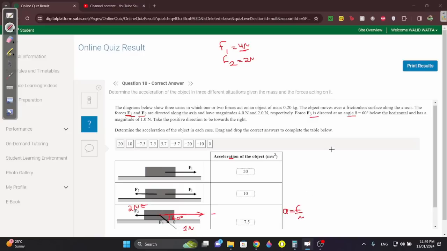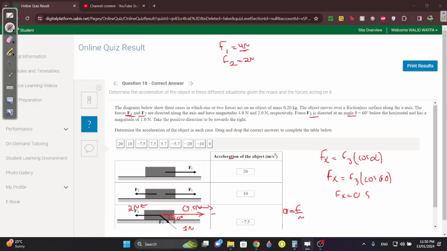How do you find the x component? Fx equals the force, in this case F3, times cosine of the angle. So Fx equals F3 times cosine 60, because the angle they give us is 60. So Fx is 0.5, 0.5 newtons to the right. And why didn't I do 90 minus 60 here?